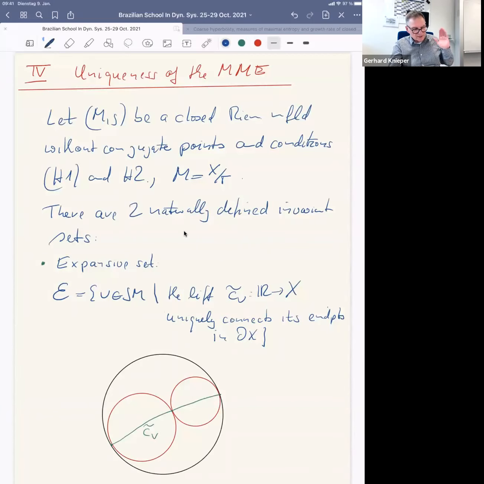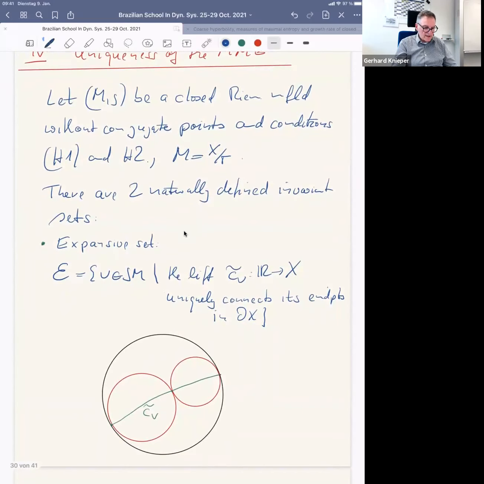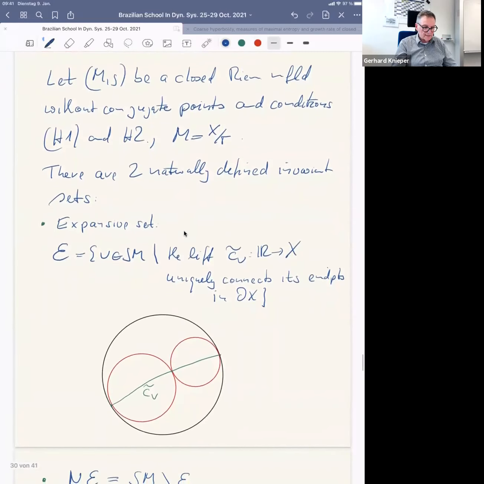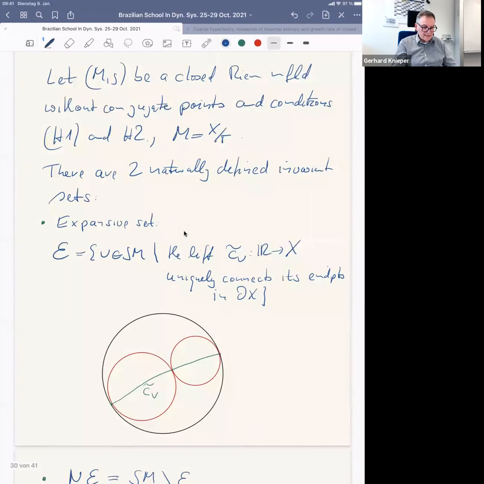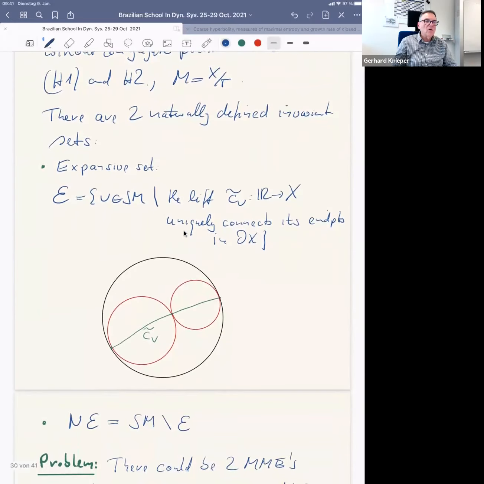Maybe it's a topological transversality of stable and unstable manifolds, in the sense that it consists of all vectors in the unit tangent bundle such that the lift of the geodesic to the universal cover will produce a geodesic which uniquely connects its endpoints. So that is basically this picture here. And this is what we call the expansive set.